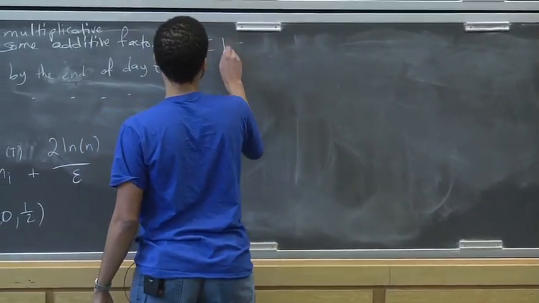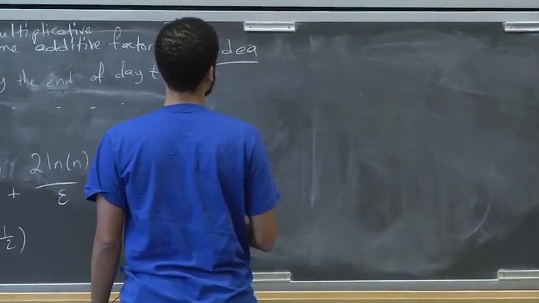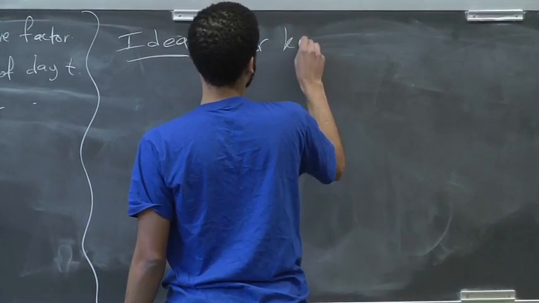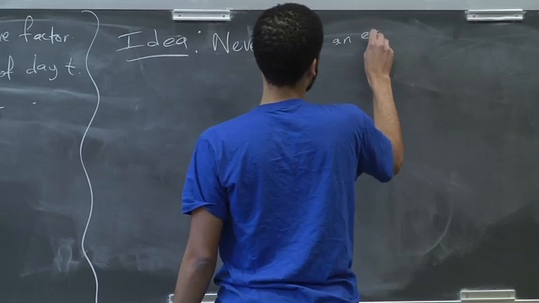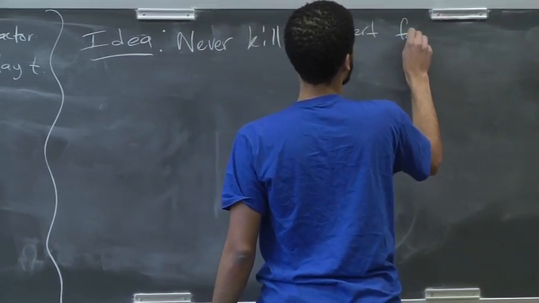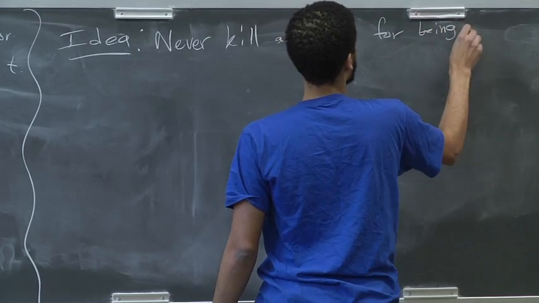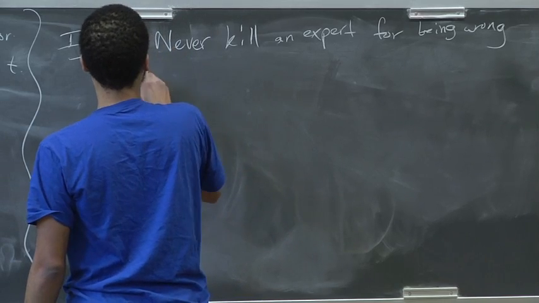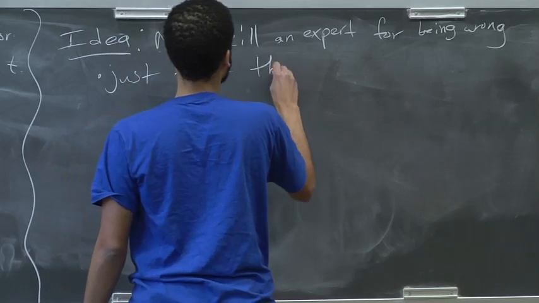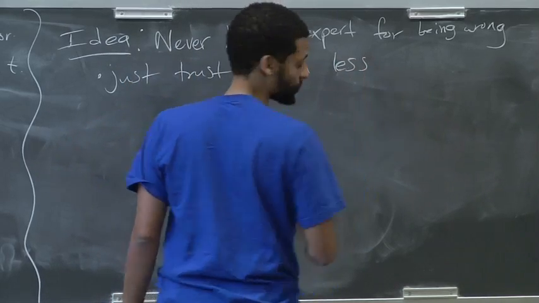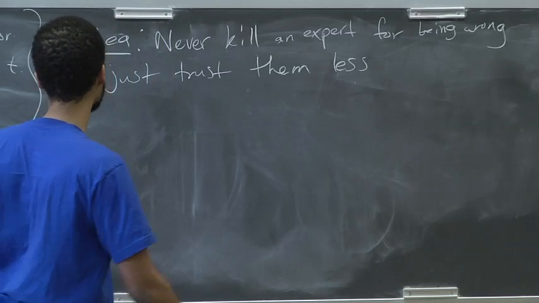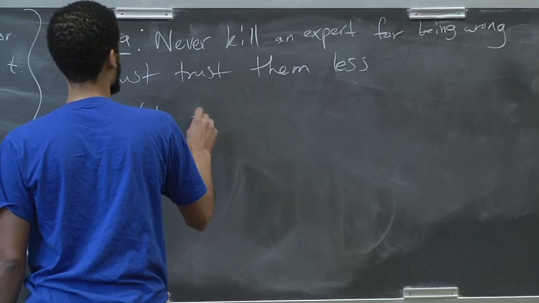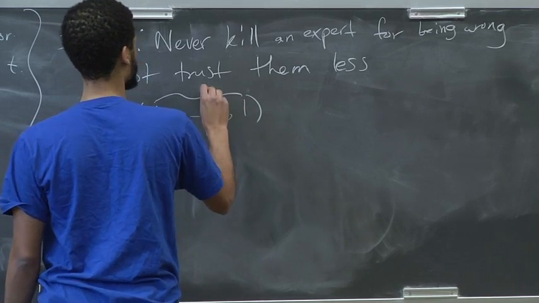So the idea is, never kill an expert just for being wrong. Just trust them less. We're going to have a weight vector w, which starts off as the all ones vector of dimension n.